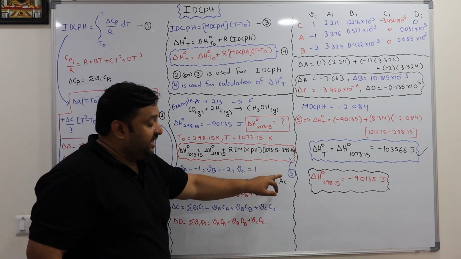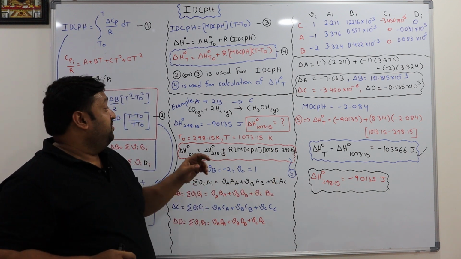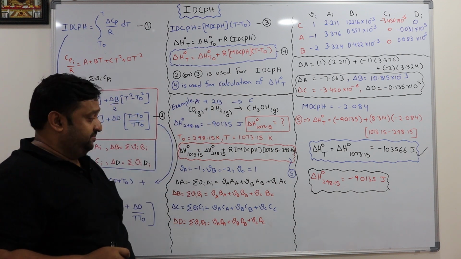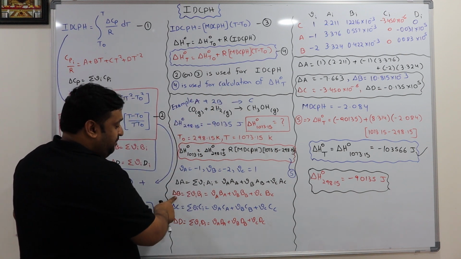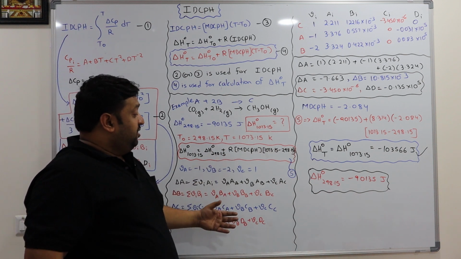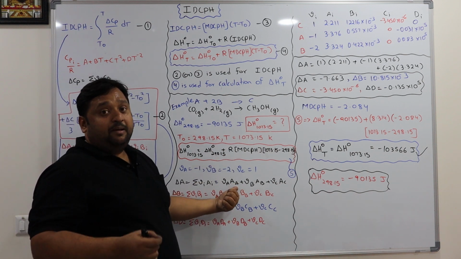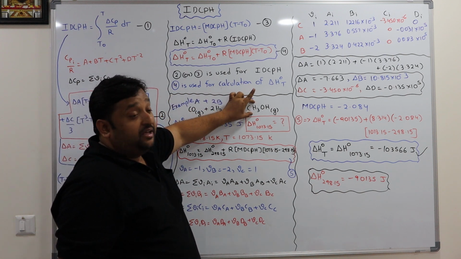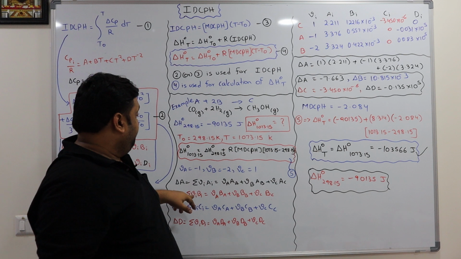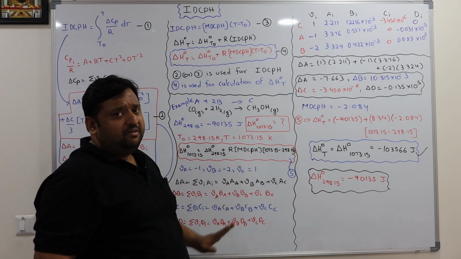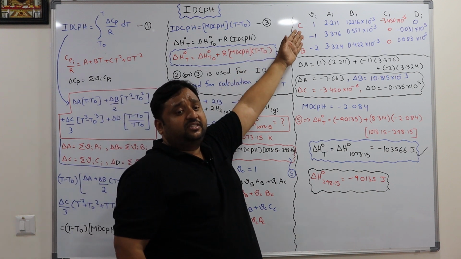AA, AB and AC are constants of reactant A, reactant B and reactant C. Similarly, delta B, delta C and delta D. There are a number of tables available for every particular reactant, so we have AA, AB, AC and AD. Everything is available.